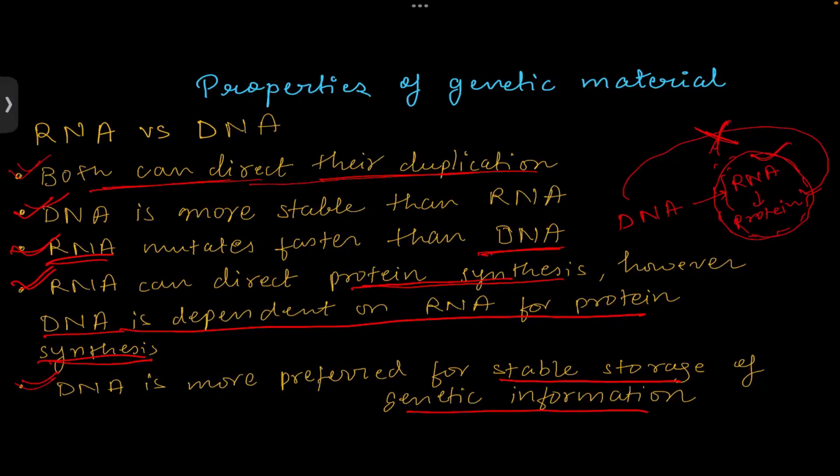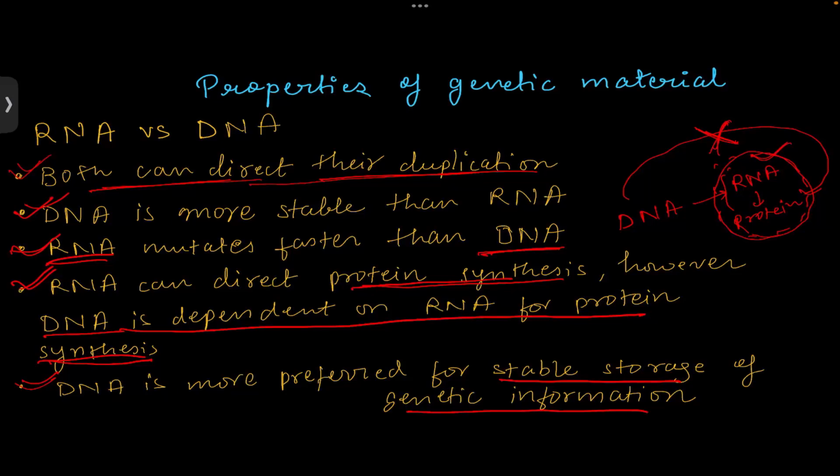So in the beginning, when life started flourishing, people said that RNA was the first genetic material present in primitive organisms, just like the cells. This RNA was preferred by nature, and from RNA directly proteins were made and the structure of the cell was developed.